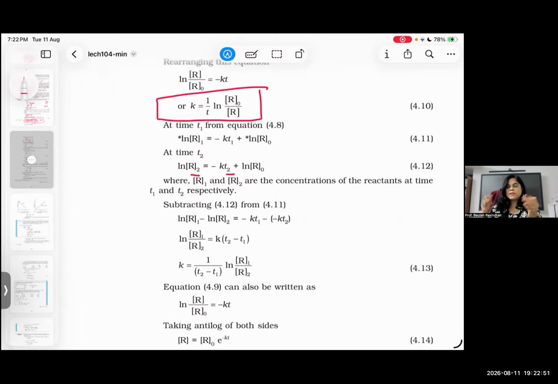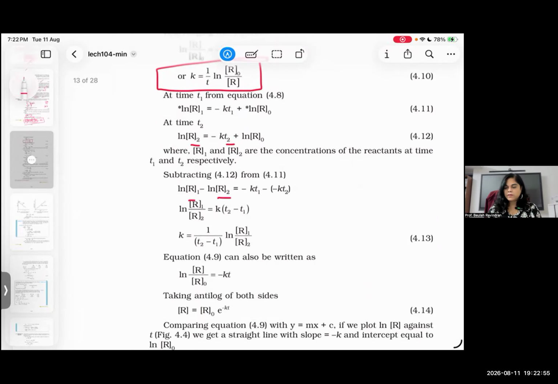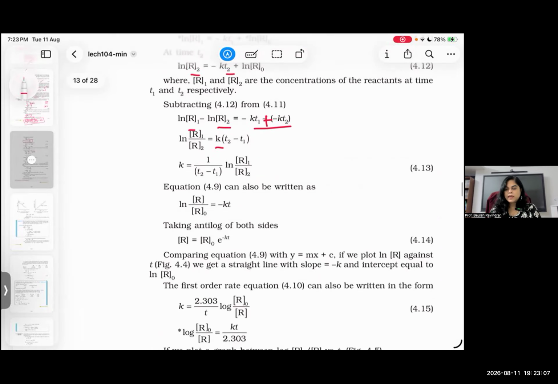Like the average rate, what we did, right? So ln R1 minus ln R2 is equal to minus k t1 minus of minus k t2. So take k outside, so t2 minus t1. The t2 becomes plus now, minus of minus will become plus. So k can be written like this for the two different time periods. That is a kind of average.